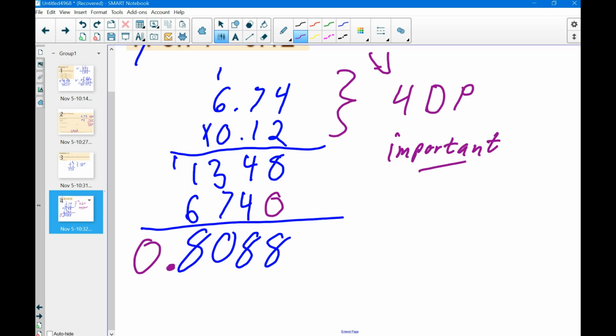Are you okay with that stuff? All right. Do you want to see another multiplication, or do you want to move on to division? One more multiplication.